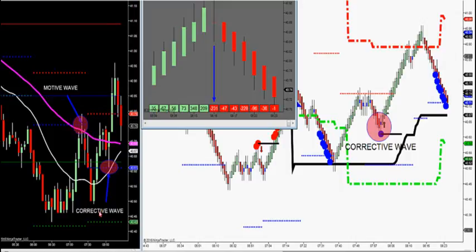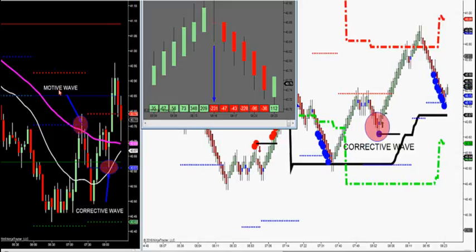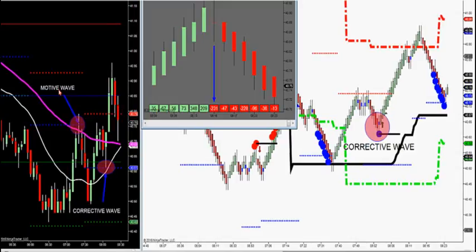Around 15 to 20% of your trades are going to be corrective waves, or what's called counter trend trades, against the trend filter. So primarily you're going to be trading 80 to 85% of your trades as retracements with trend, and 15 to 20% of the time you're going to be trading corrective waves against trend.